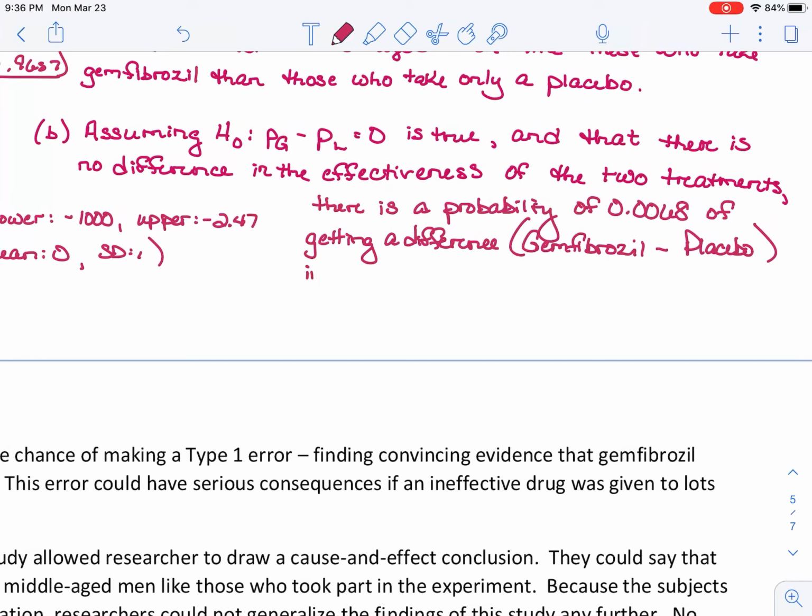Well, a difference in heart attack rates, I guess. Difference in heart attack rate for the two groups.